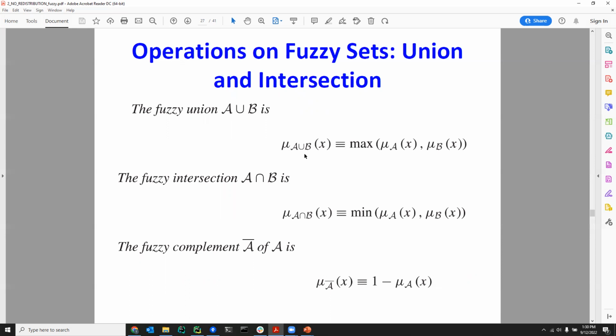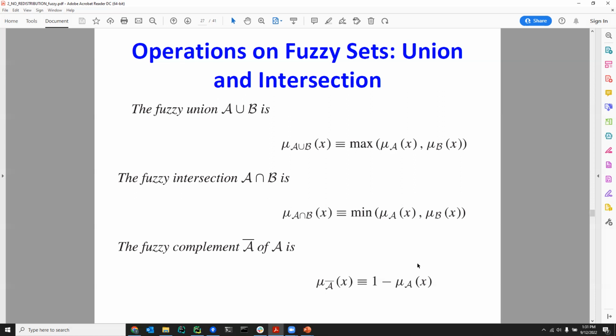One of these are also called T-norms in the literature, but fuzzy union, so A or B, the membership is considered the maximum of the membership values in A compared to the membership values in B. You can also look at fuzzy intersection, or A and B, which is sometimes the minimum of those values. You'll also sometimes see the product here if you're looking for a continuous output, and the complement, which is simply 1 minus the value.